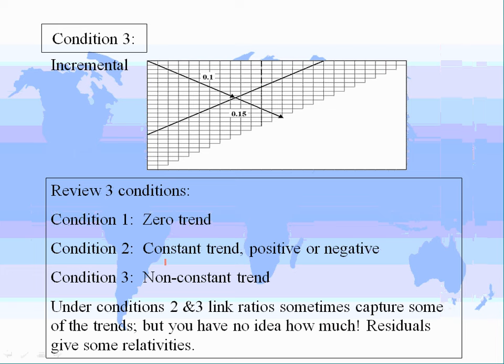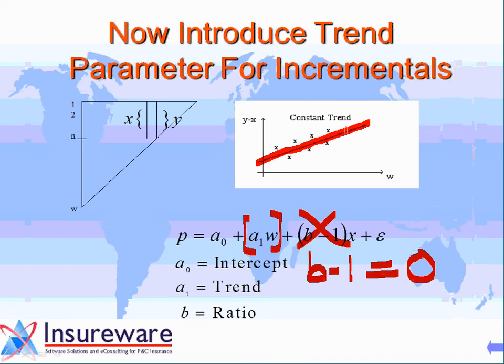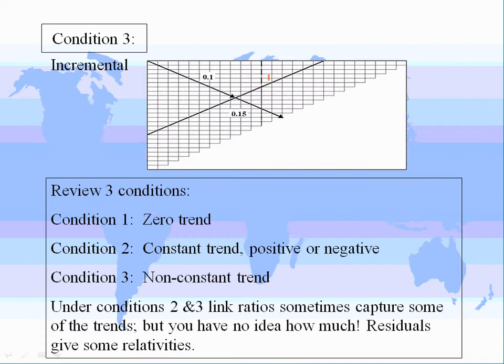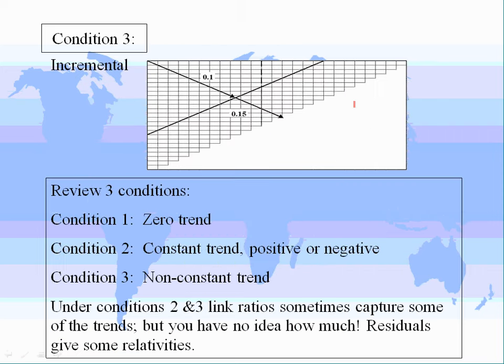So condition 2, if we're looking at it, we've got this constant trend, alright? Constant trend. What we more often see is condition 3 where this trend isn't actually constant. So we're looking at something that might look, say, like this. Okay? What we find under conditions 1, 2, and 3 is that link ratios sometimes capture some of the trends.